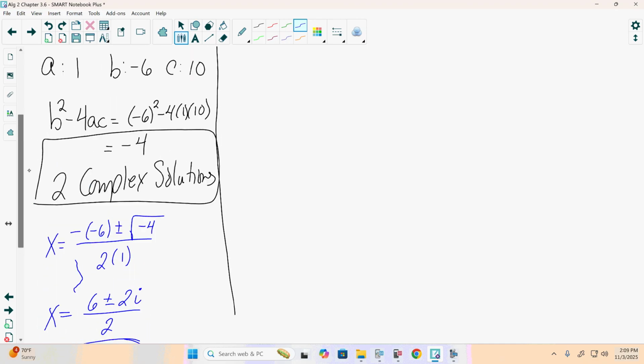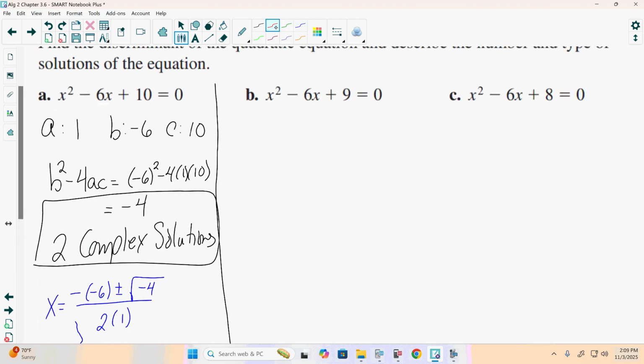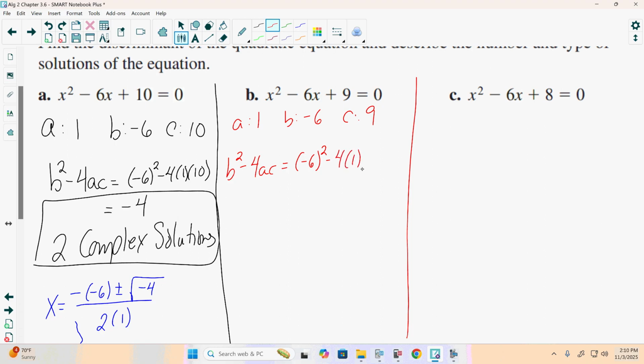Let's look at the next one. x squared minus 6x plus 9. Now a is still 1, b is negative 6, and c is 9. b squared minus 4ac: negative 6 squared minus 4 times 1 times 9.